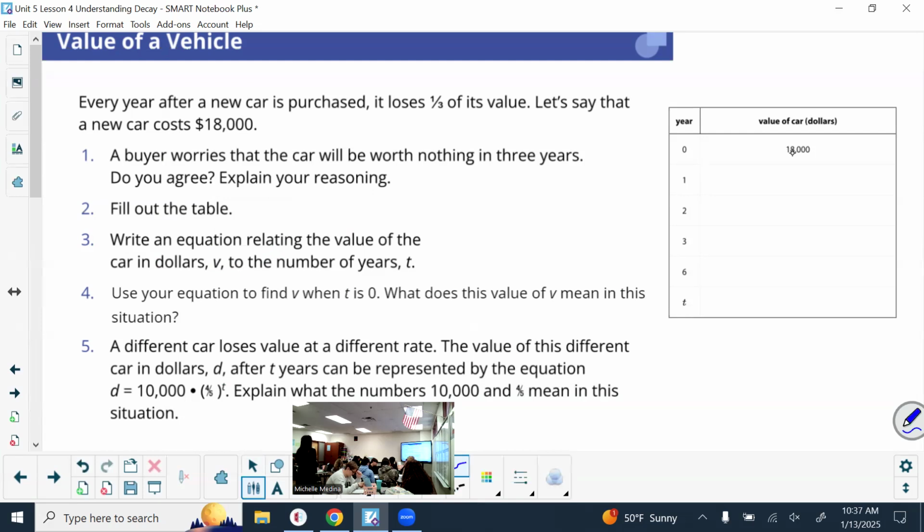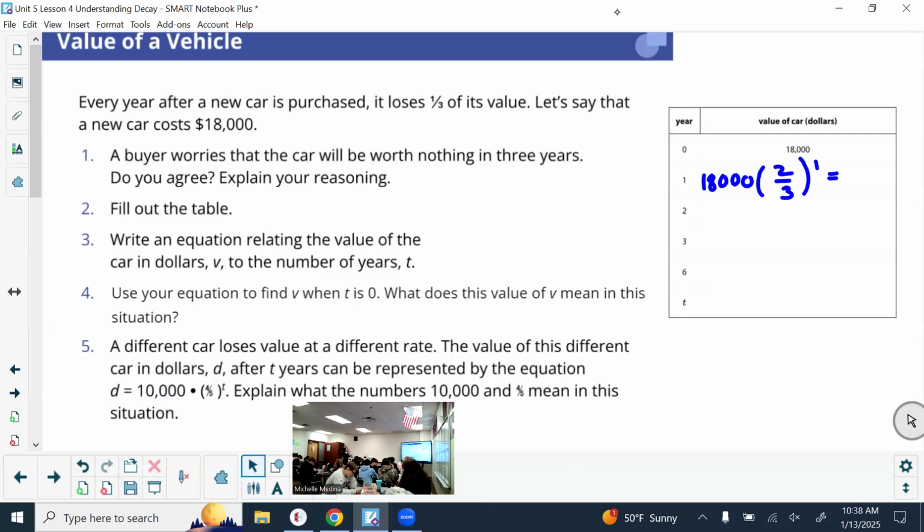So instead of doing 18,000 times 1/3, subtract that from 18,000, what I'm gonna do for just 1 year after the initial is 18,000 times 2/3, what it's keeping, to the first power, because we're only looking at 1 year for the time frame.